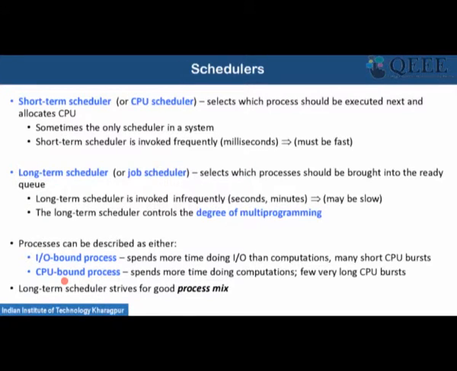And the second type of process is the CPU bound process. CPU bound processes spend more time doing computation. For example, think about matrix multiplication of two large matrices. The input operation is a one time operation where you take the two matrices as input, and the output operation is again a one time operation where you show the multiplication of the two matrices. But the matrix multiplication computation takes a significant amount of CPU resources.